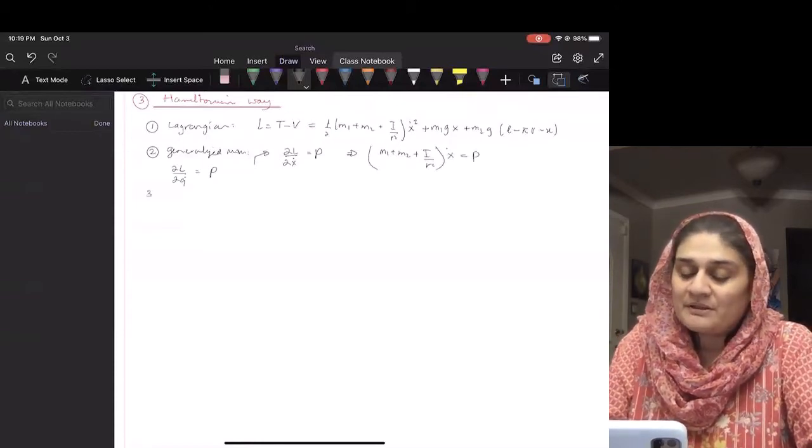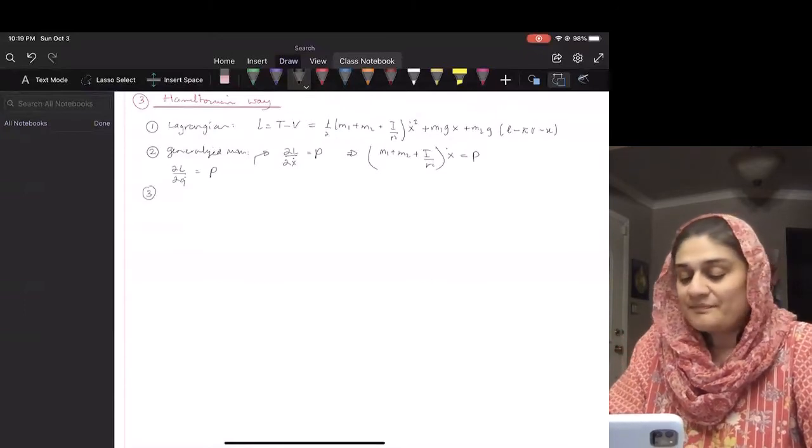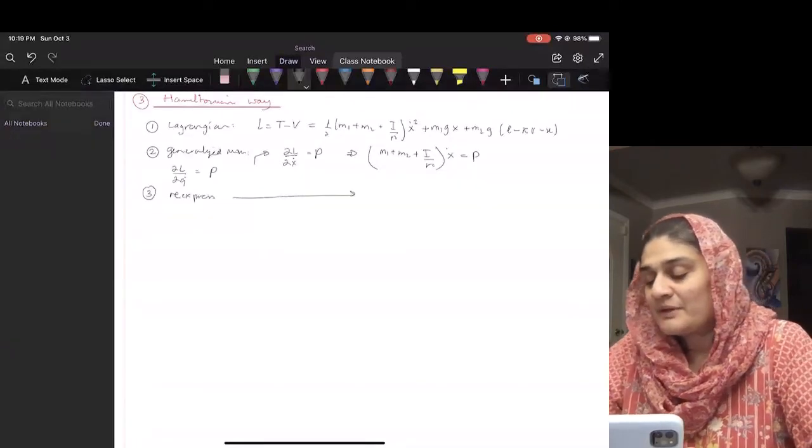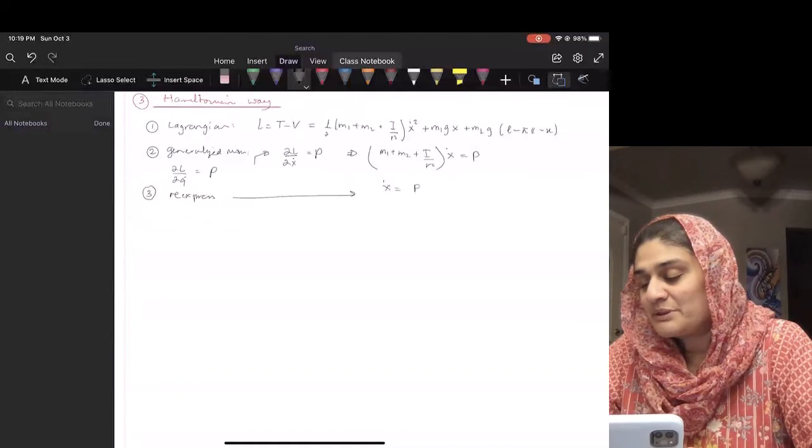Step number 3, re-express. So that will give me X dot equals P over (M1 plus M2 plus I over R squared).